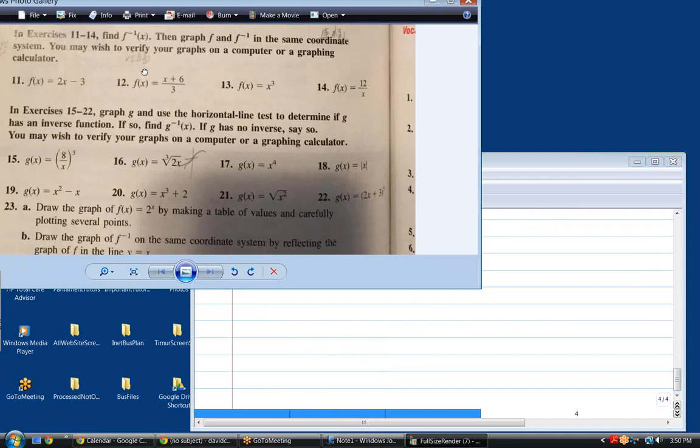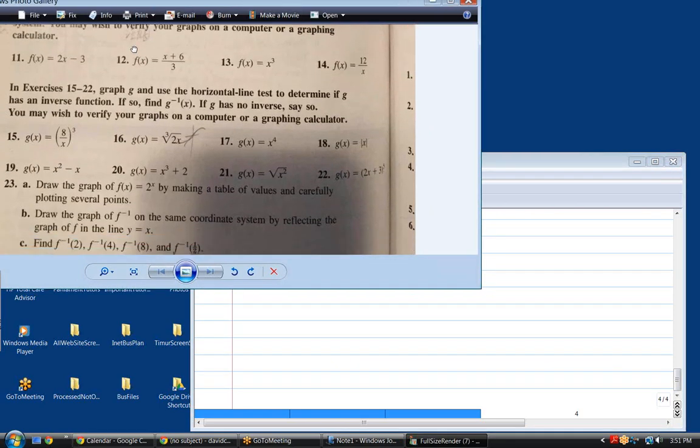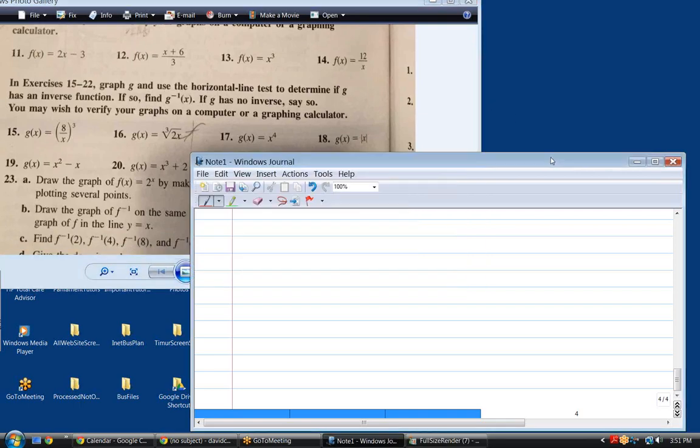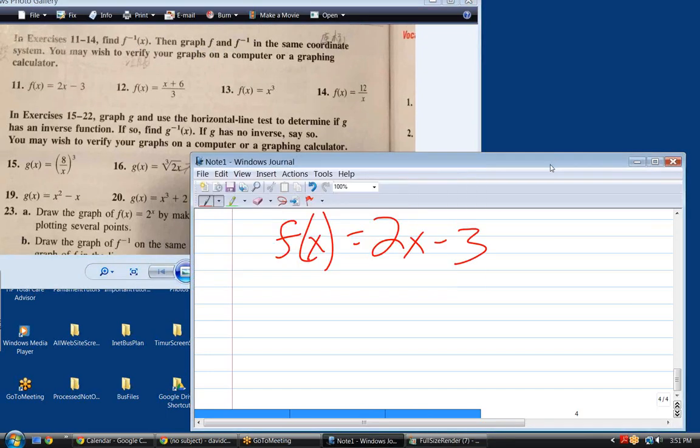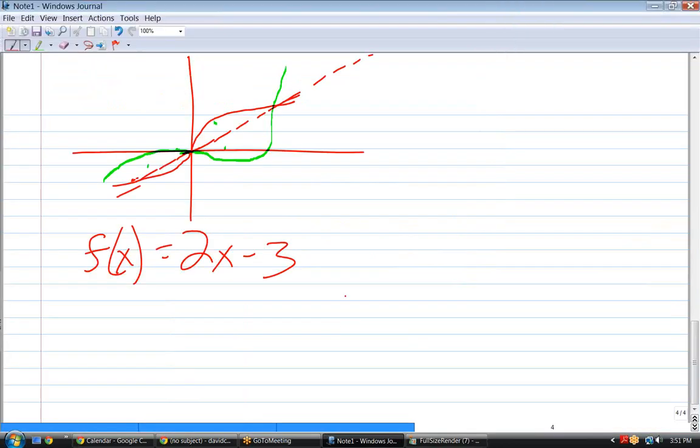Now, let's make sure you can algebraically come up with the inverse. If f of x equals 2x minus 3, how do we figure out the inverse? I have this in my notes. You substitute y for f of x.